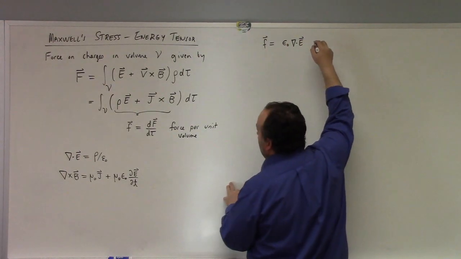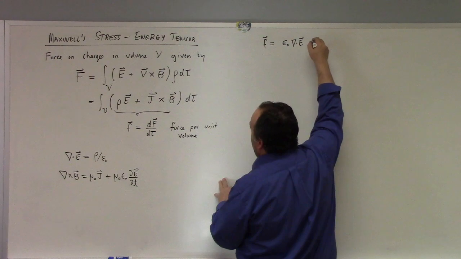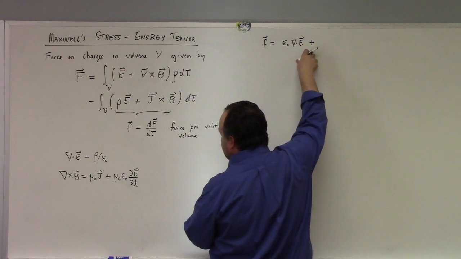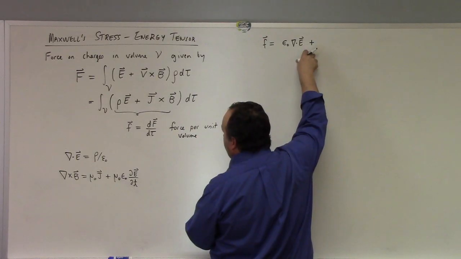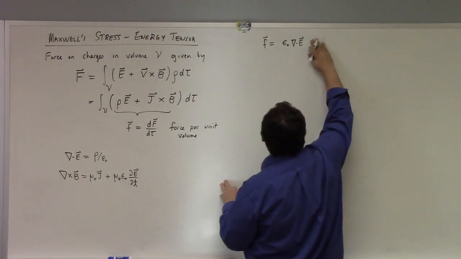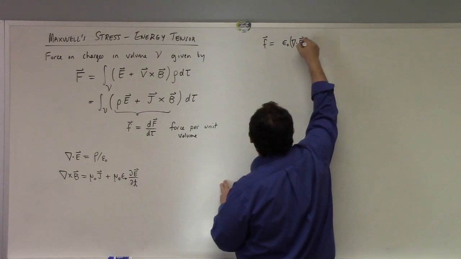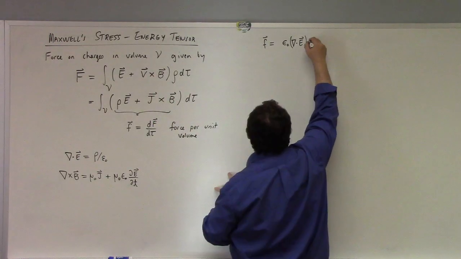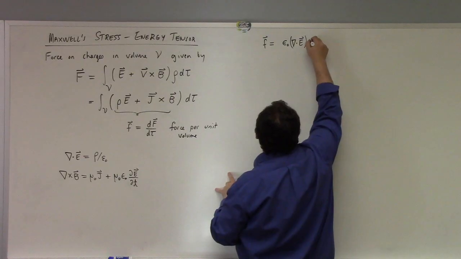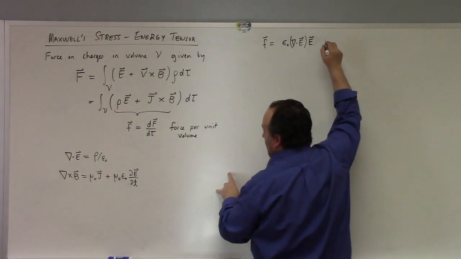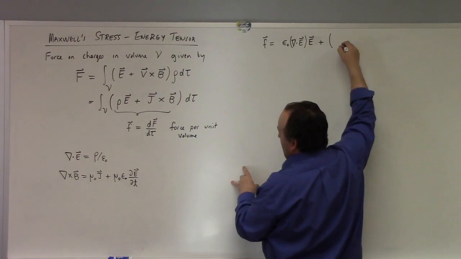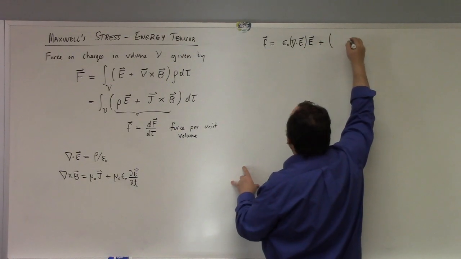And then, all right, great. Plus, let's see here, what's my... oh, and that's times what? My bad. Don't forget, there's also an E. So it's the divergence of E times E, which is kind of funky. And then my J, what's my J?